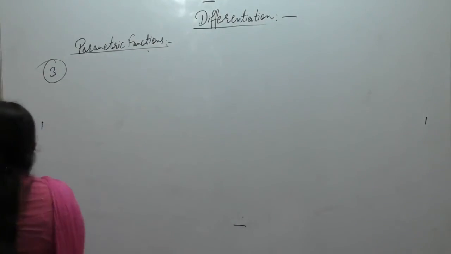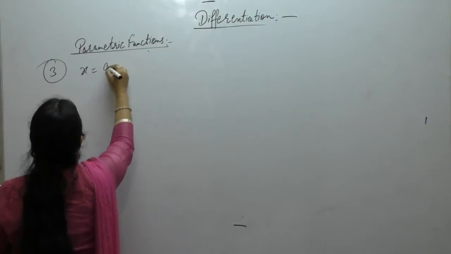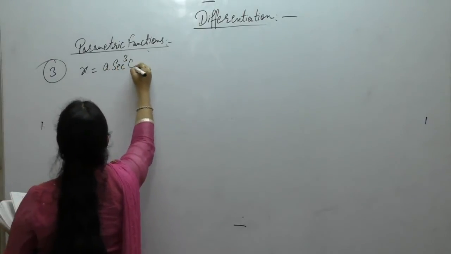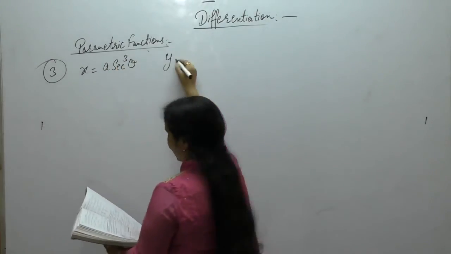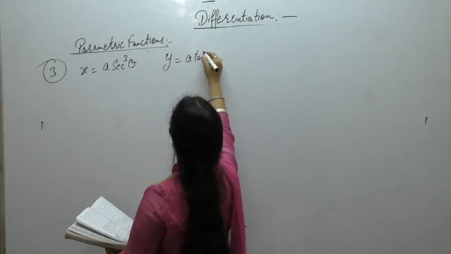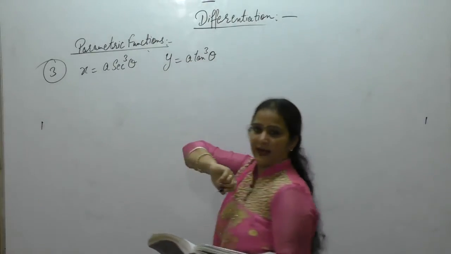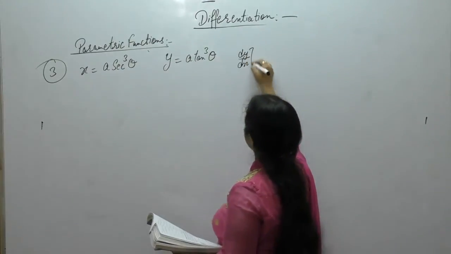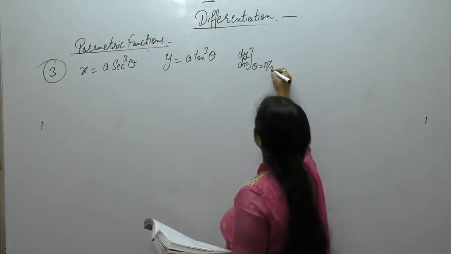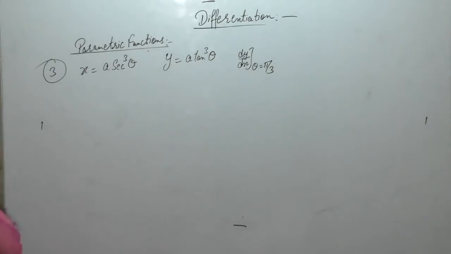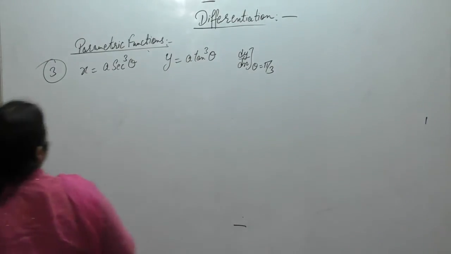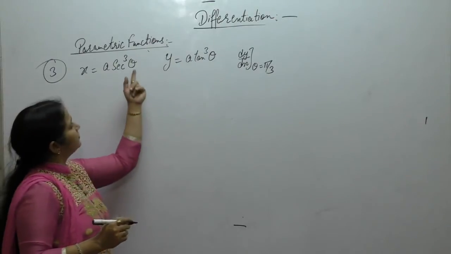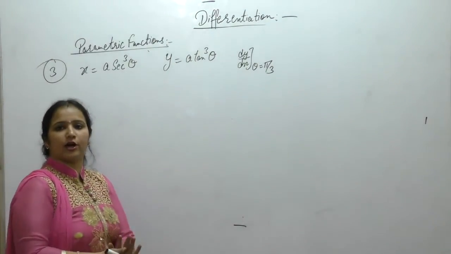If x is equal to a sec cube theta, y is equal to a tan cube theta, find dy upon dx at theta is equal to pi by 3. Now x is a function of theta.